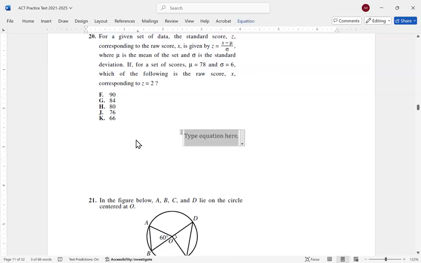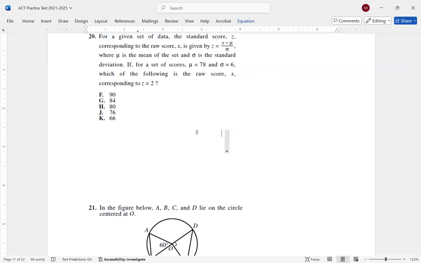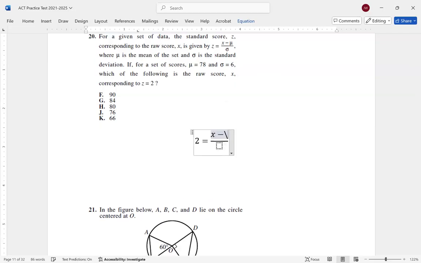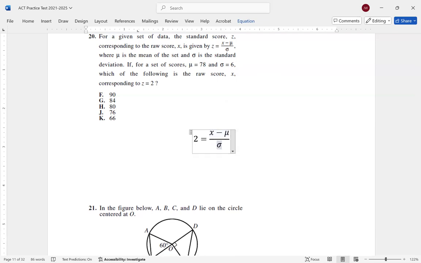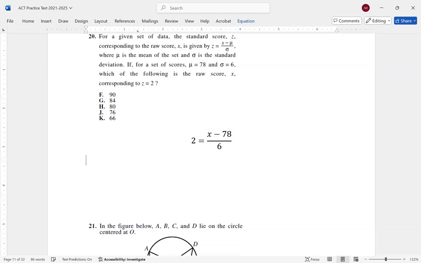So this is a Z score or Z value. If the Z is 2, we have X minus mu over sigma. We know mu is 78. We know sigma is 6. So it's just requiring me to solve this.